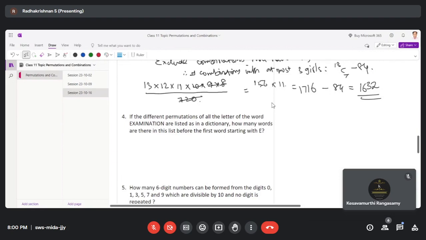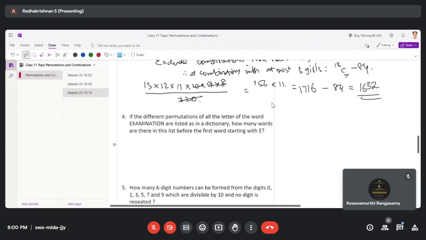Okay, if the different permutations of all the letters of the word examination are listed in the dictionary, how many words are there in this list before the first word starting with E? Okay, so I want you to try this problem. This is looking slightly different from whatever you have seen.